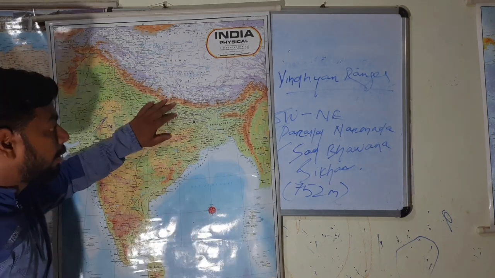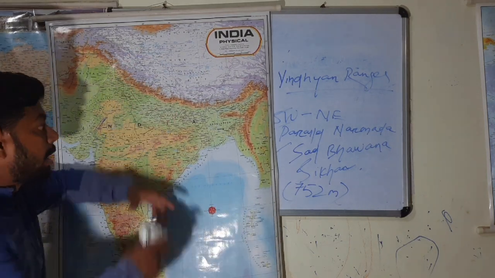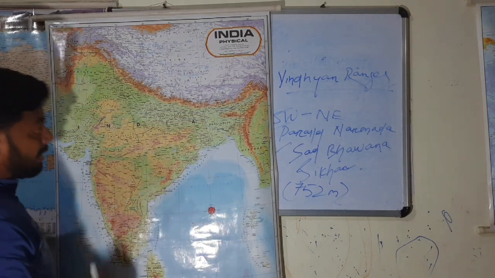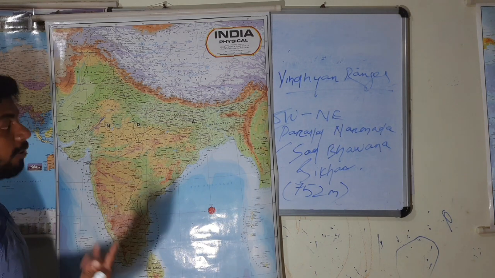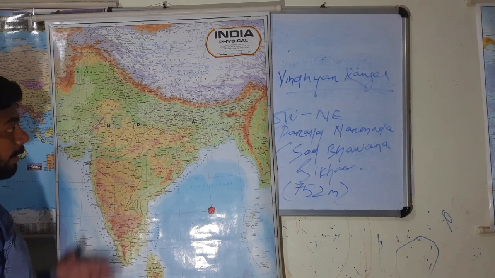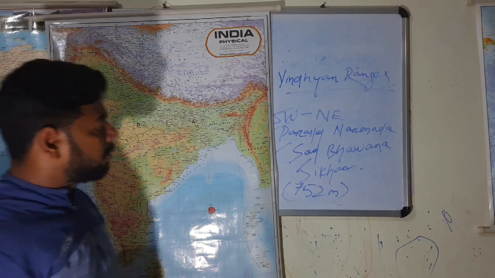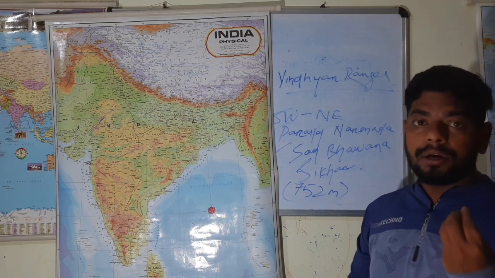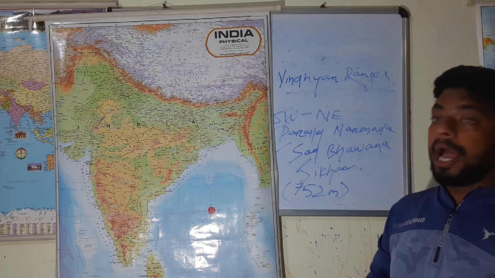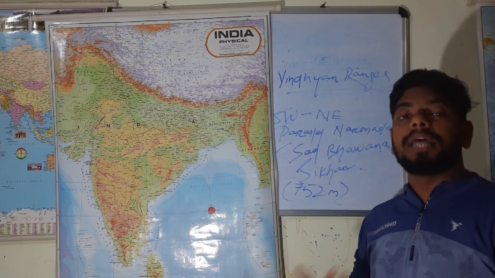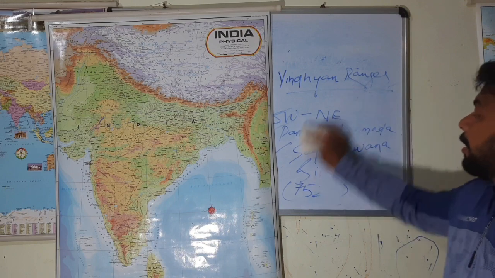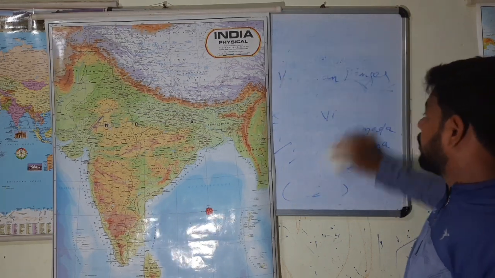Within the Chota Nagpur Plateau, a huge amount of mineral resources, mainly coal, iron ore, bauxite and chromite, are found. A very interesting fact on mineral resources: when I discuss the natural resources of our country, within the metallic resources I will tell you in which we are self-sufficient and in which we depend on other countries.